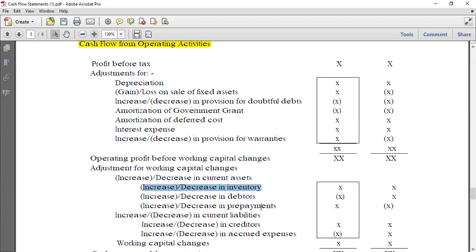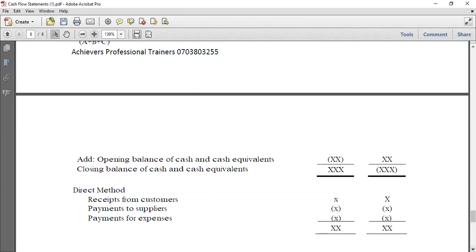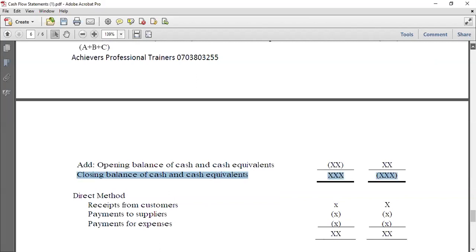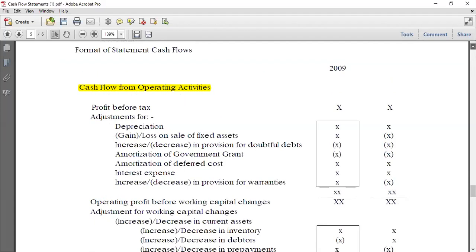As you can see, we are not bringing cash at this level. Cash is what we are deriving, and cash will appear last. This is your closing cash and cash equivalents. This is what you're trying to aim to get to, okay? So it's important that you pick up the understanding of that.